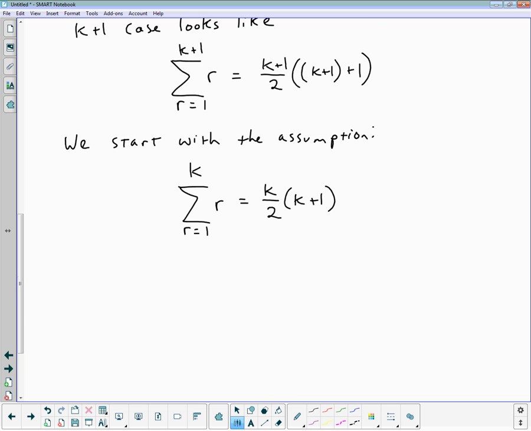This left-hand sigma notation is 1 plus 2 plus 3 all the way on up to k. What do I need to do to turn that into the k plus 1 case? Add what? Add k plus 1.